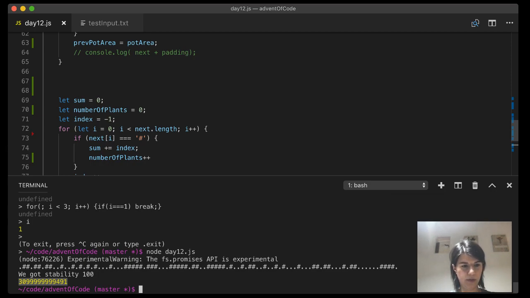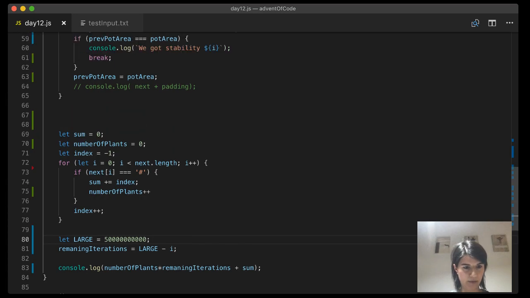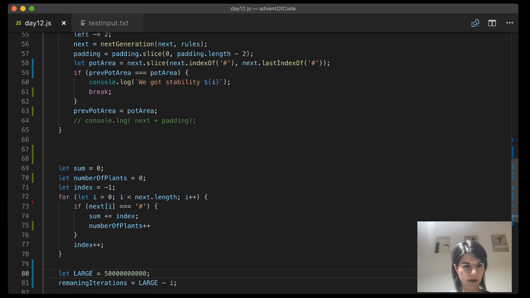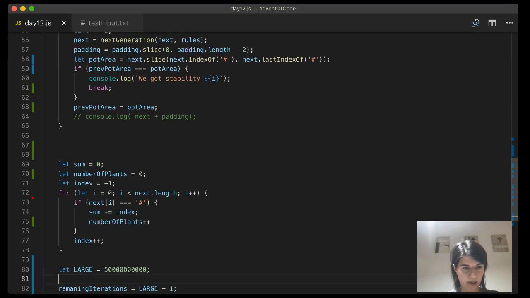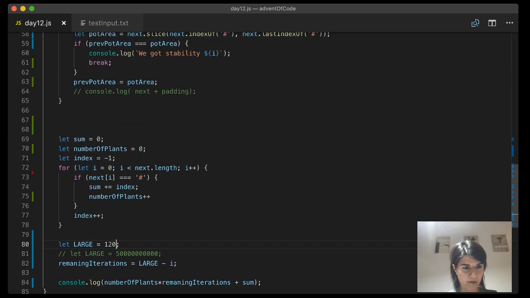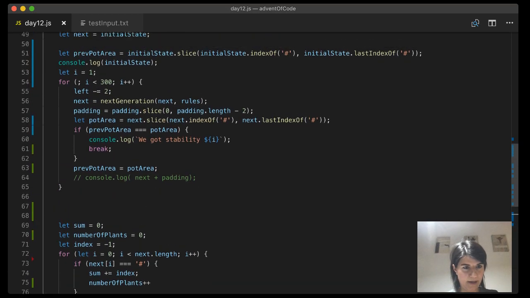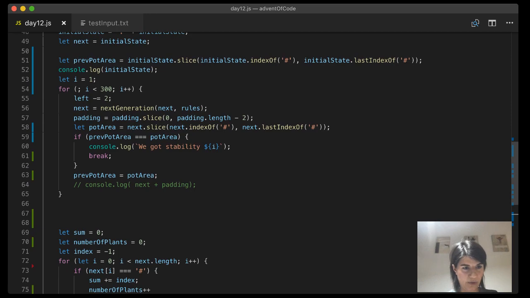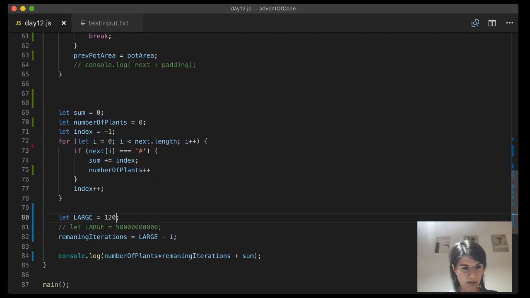Okay, so I want to make sure if I get stability at 100, I don't have like a weird rounding error here. So if my large number is 120 iterations, and I want to do, that sounds good.